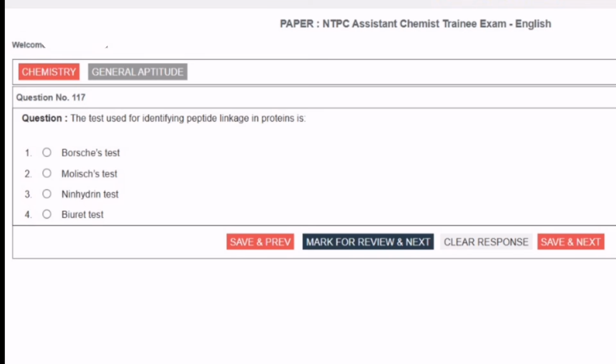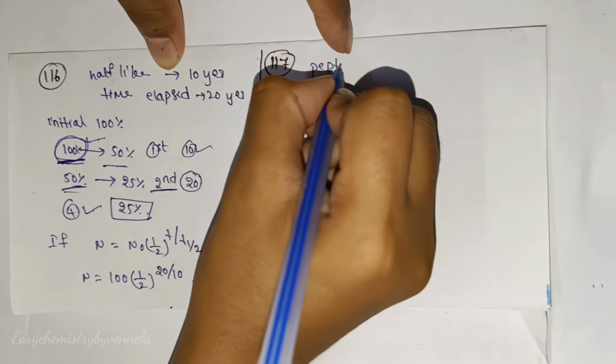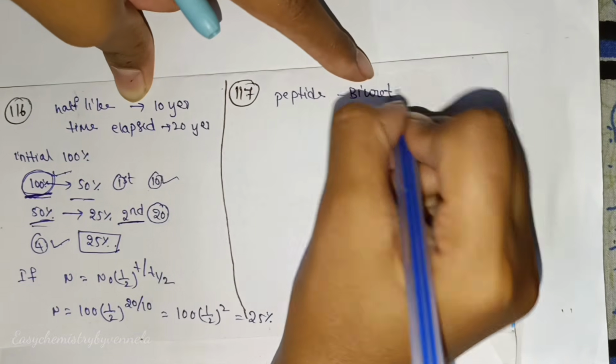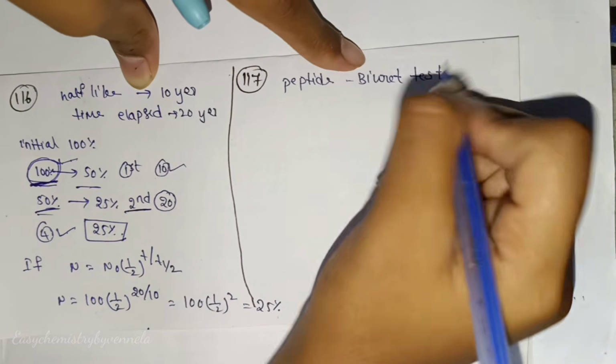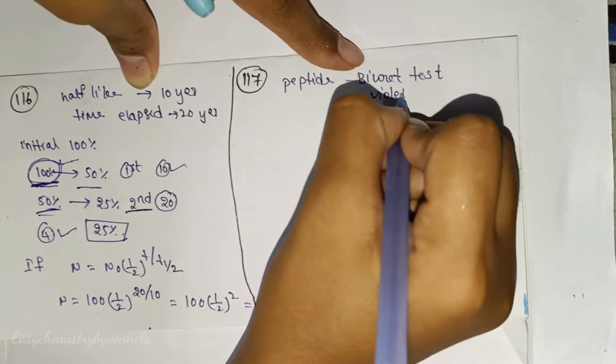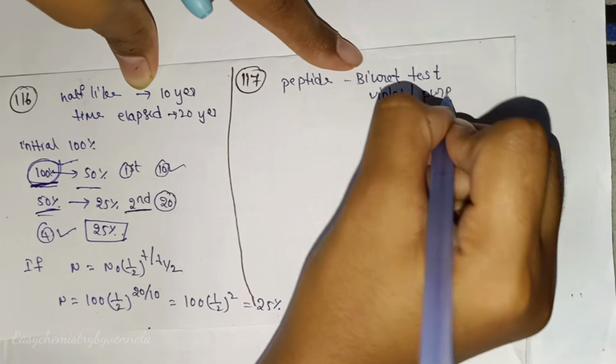Next question. The test used for identifying peptide linkage in proteins is which test? Peptide linkage, that is Biuret test. It indicates a violet or purple color.